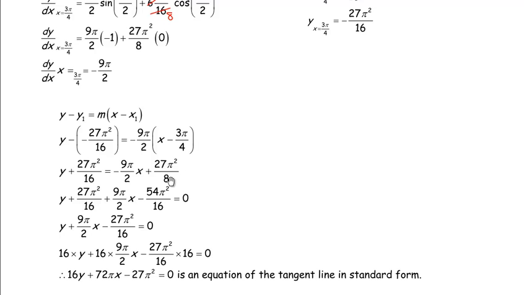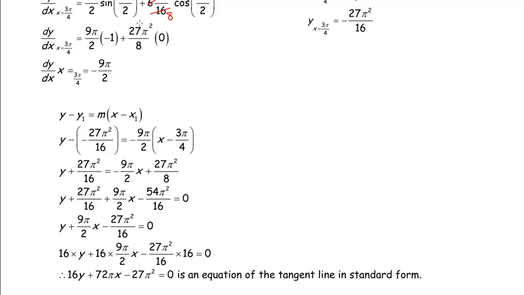Now we want to go in standard form, so I'm going to bring all the terms to one side. And so from this line to this line, I just brought this term over to the left and the 27 pi squared over 8 as well. Now, kind of looking ahead, this is going to be a like term of this.